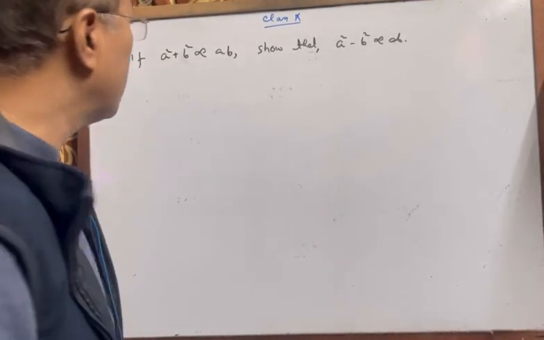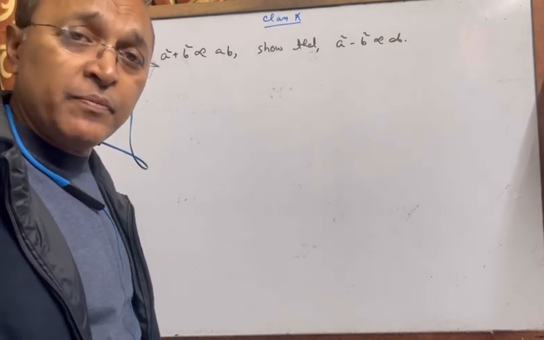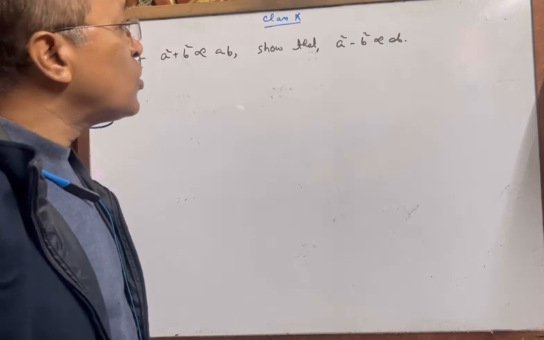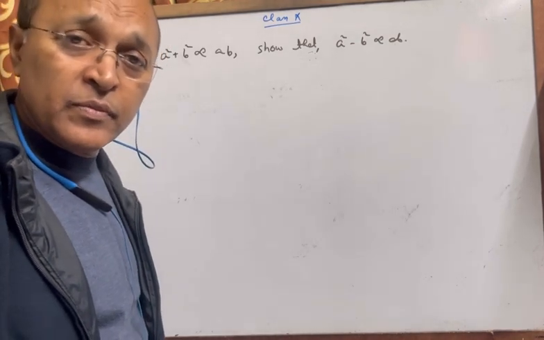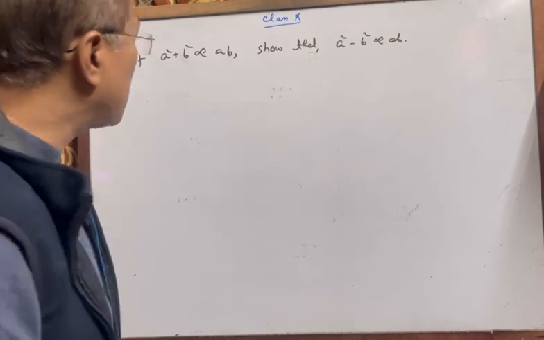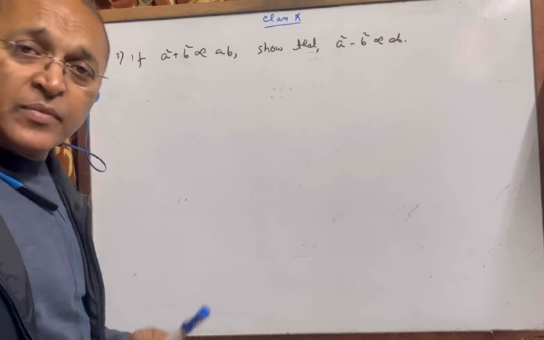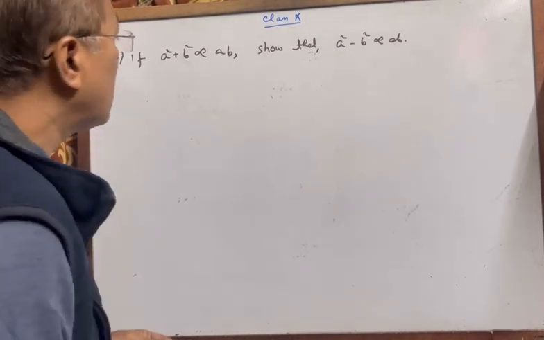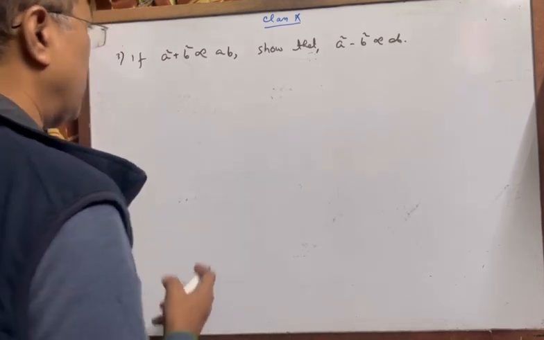What is given? If a square plus b square is proportional to ab, show that a square minus b square is proportional to ab. So what is given? A square plus b square proportional to ab is given. Right. Now, how to start it and how to proceed?